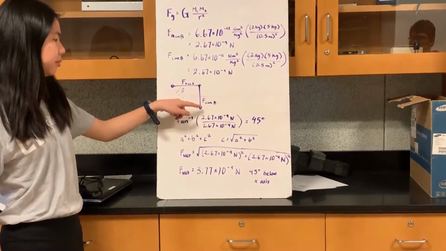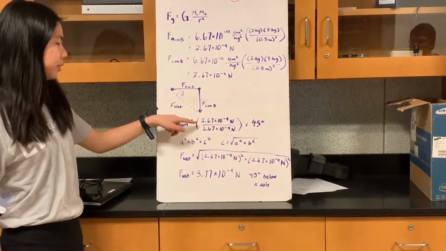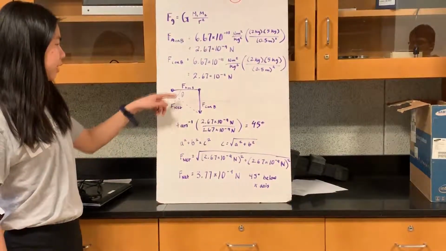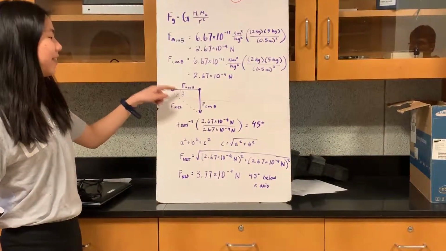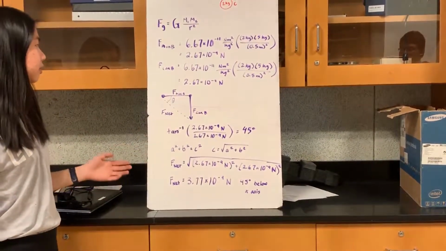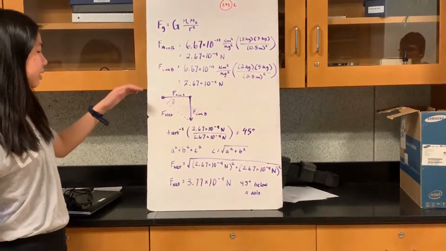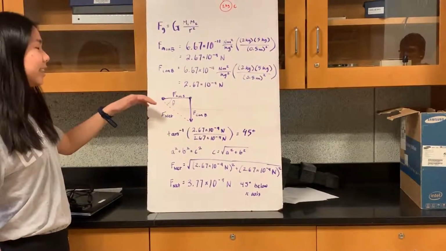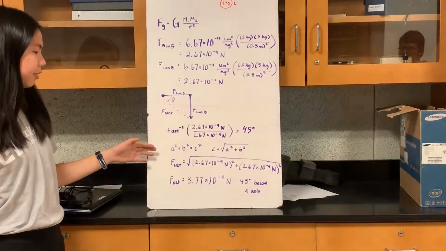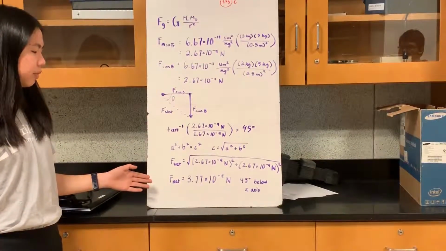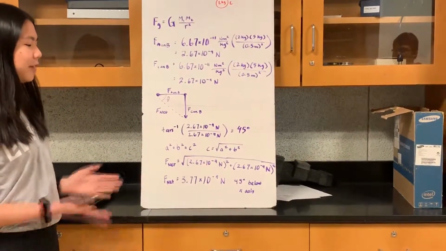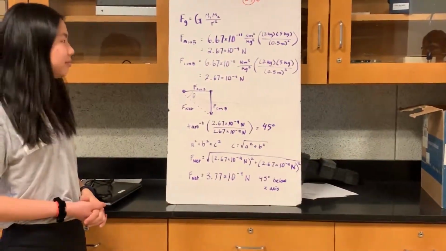So it's F_C on B, 2.67 times 10 to the negative 9 newtons, over F_A on B, which is the same. So you get 45 degrees, so it's 45 degrees below the x-axis. Then you solve for F net using the Pythagorean theorem, and you get 3.77 times 10 to the negative 9 newtons, 45 degrees below the x-axis.